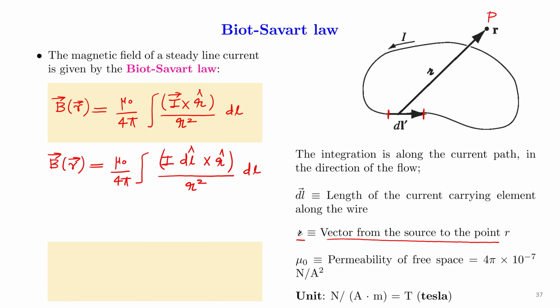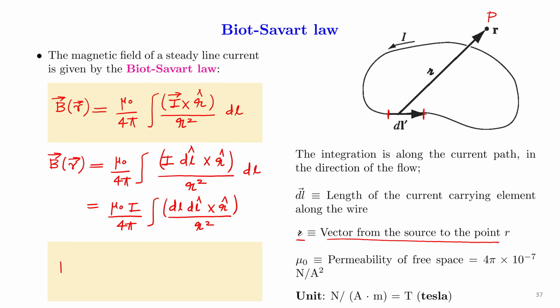Taking the current out, since it is a steady current and we assume that it is constant, this is mu 0 I divided by 4 pi, integral dl cross script r over r square.